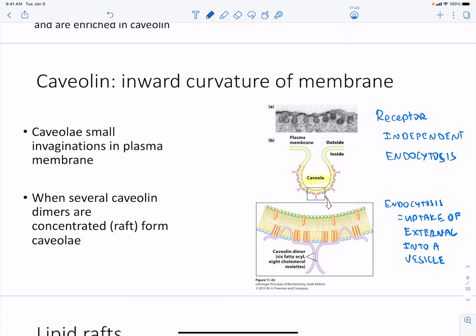There are two general forms. One is receptor mediated and one is receptor independent. And the caveolae are going to make the receptor independent. You can think of it as cells drinking. They drink what's in the environment and take things up. This is something that's common throughout the animal kingdom. And there is no initiation from receptor binding to some ligand, which we'll talk about with respect to other types of uptake.